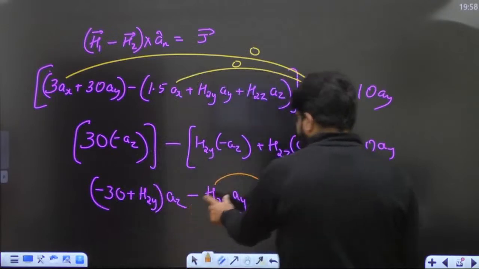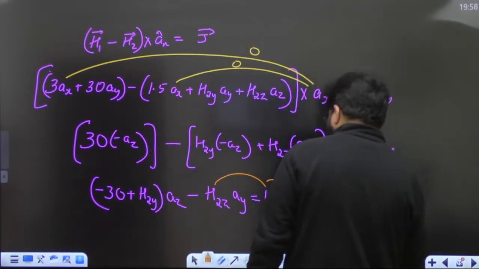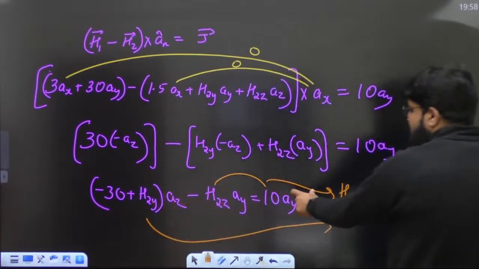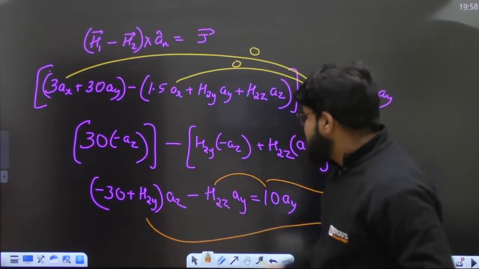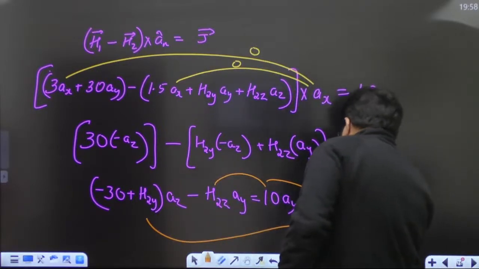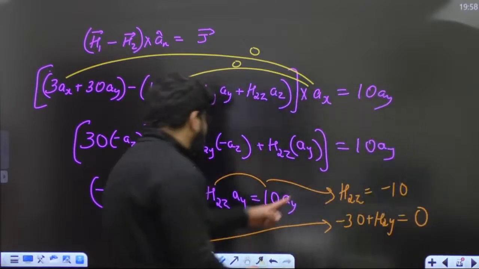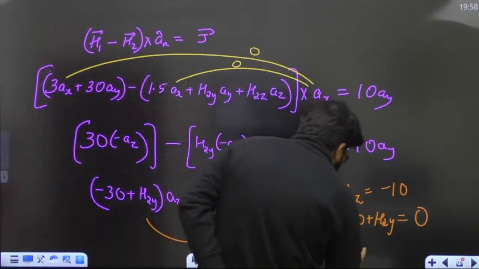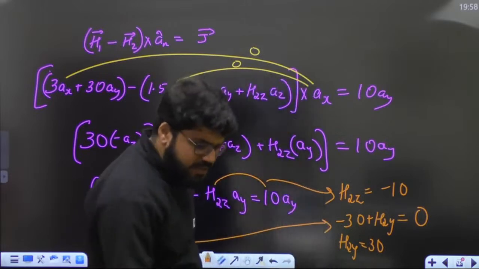From here it becomes clear: minus H2Z is 10, so H2Z is minus 10. From this, on the left hand side there is a z component, on the right hand side there is no z component, that means the left hand side's z component should be 0. Minus 30 plus H2Y should be equal to the z component of the right hand side, which is 0. So H2Y is 30.